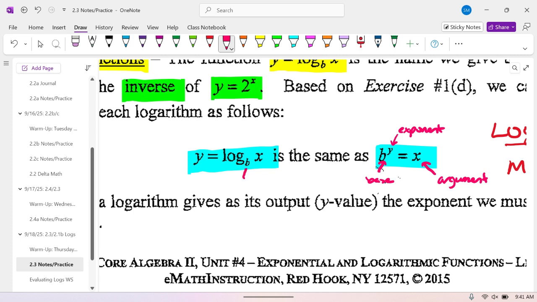So your base is now that tiny number next to the log. So this is your base. Your argument is what goes next to the log. And technically, what it's equal to is the same as the exponent of the exponential. And again, don't worry about the placement right now because when we do loggy froggy, it's really obvious where it is or how to write it.